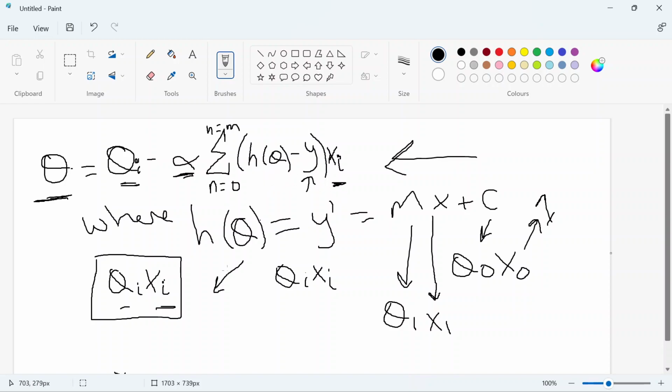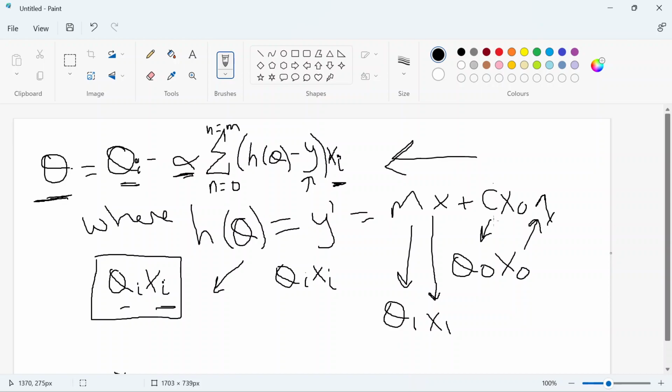So the hypothesis can also be written as theta i times xi, where theta will be our parameter, like I said. If you look at the equation y equals mx plus c, this will be m, and xi or x1 will be our input x. For c, we can just assume it is also a parameter.